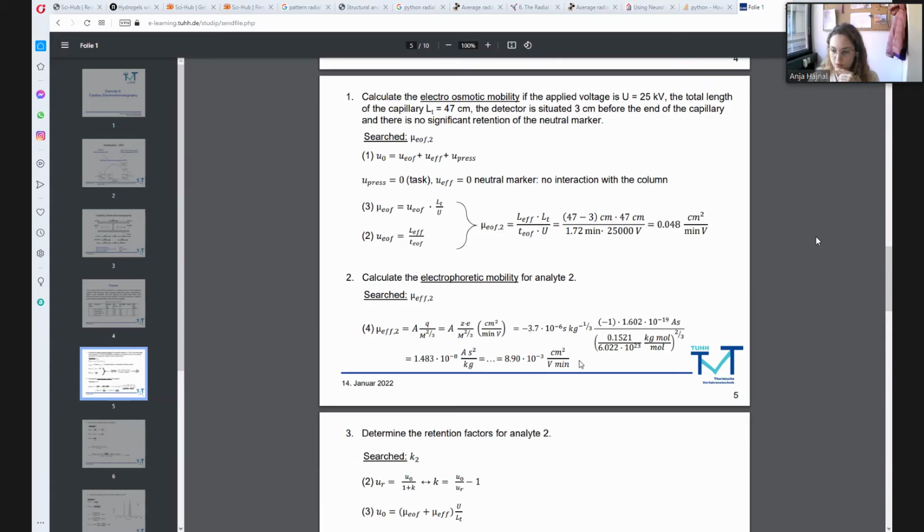And you told me about the 5th question, how here we have to divide by Avogadro's number, but why are we multiplying? We divide here. It should be multiplied, because if you look at the unit of the mass, for example, 0.1521, it was kg per mole.